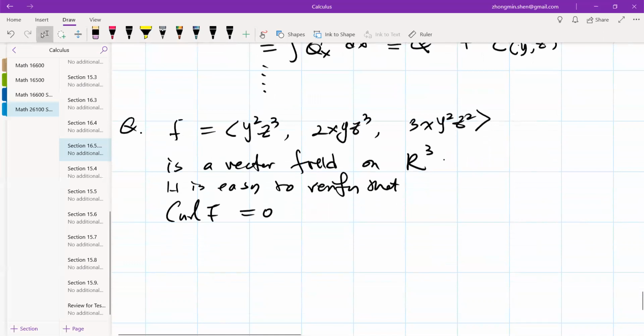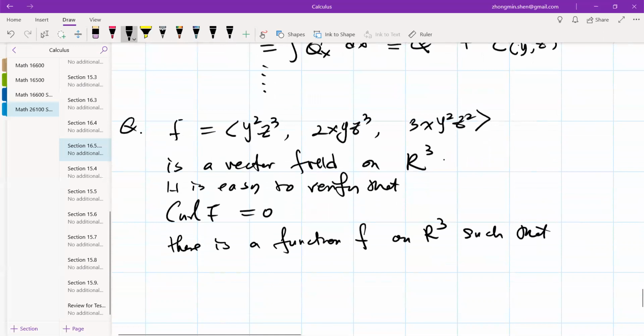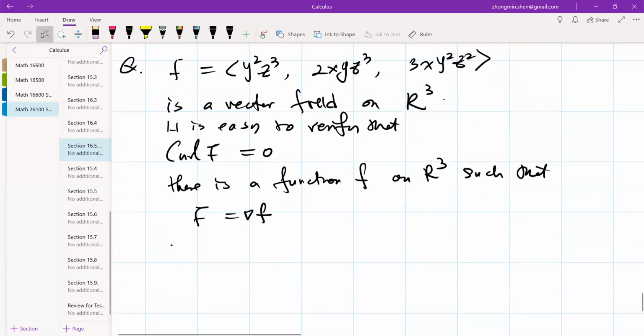Therefore, there is a function f defined on R3 such that f is the gradient of this. So I'm going to find such an f.